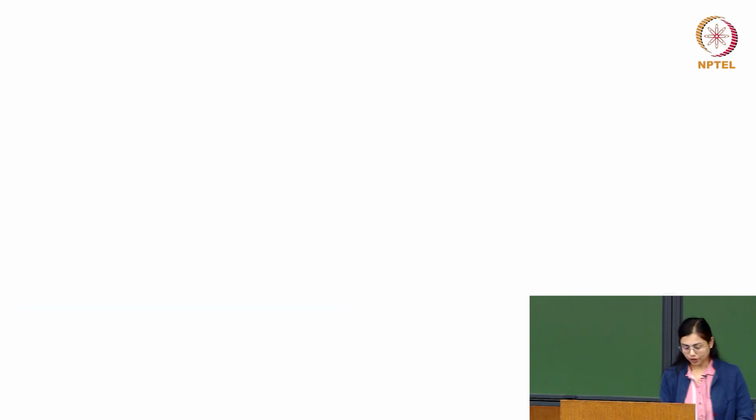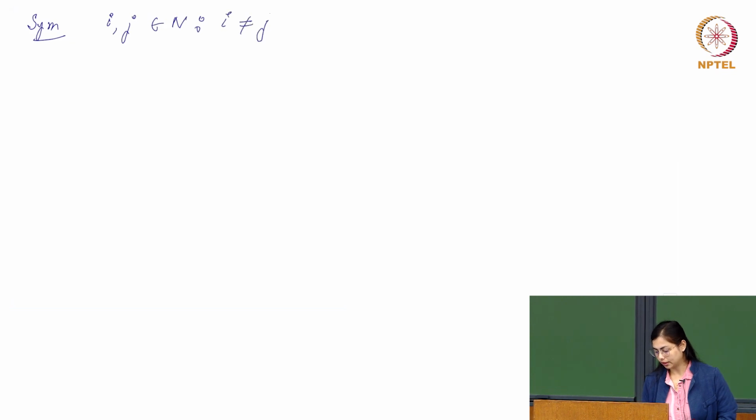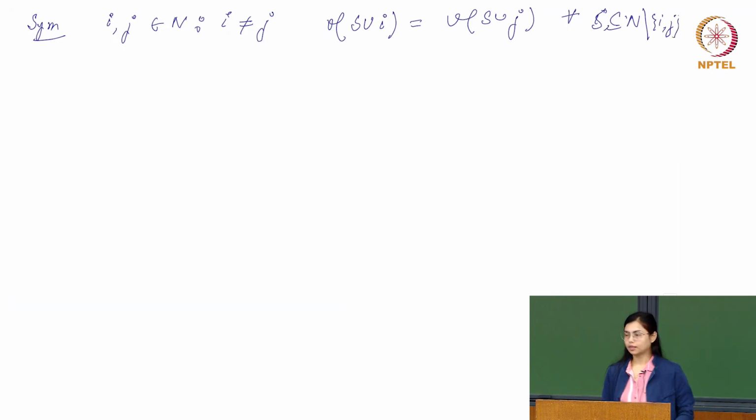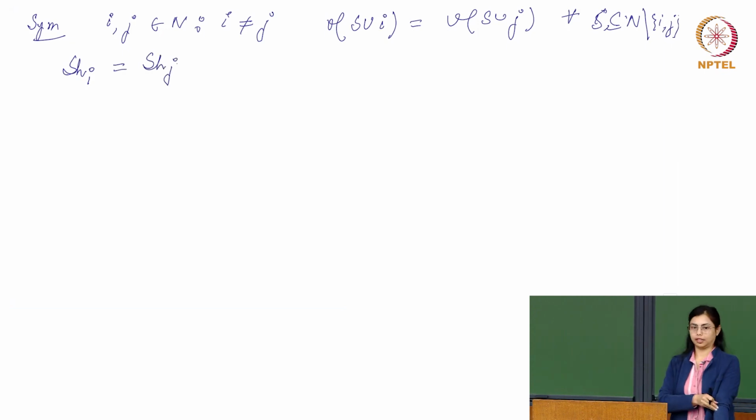So what is the difference between symmetry and anonymity? Symmetry means that if there are two different players whose contribution is the same in that game, then the Shapley coefficient for player i and player j will be the same.